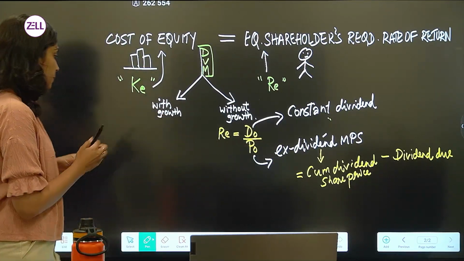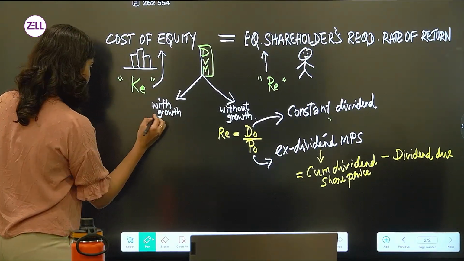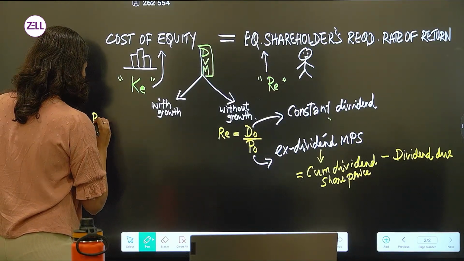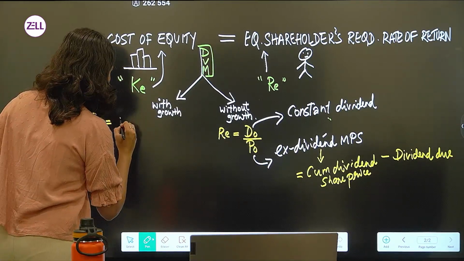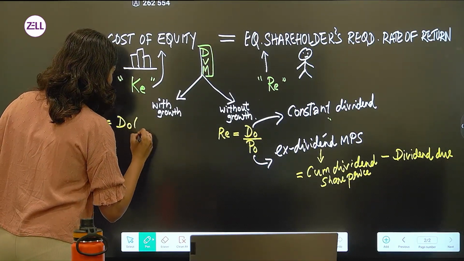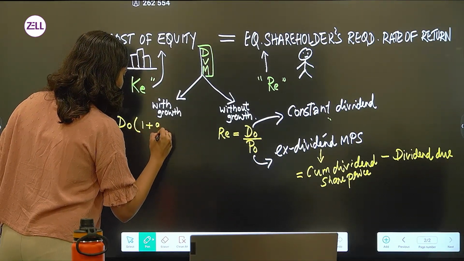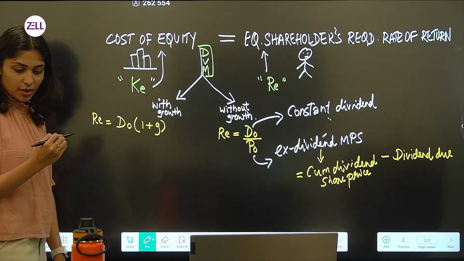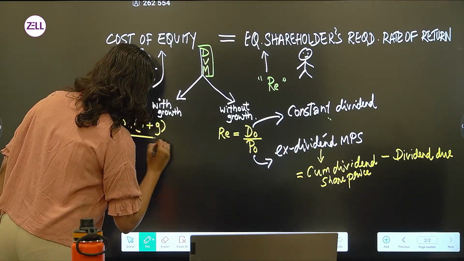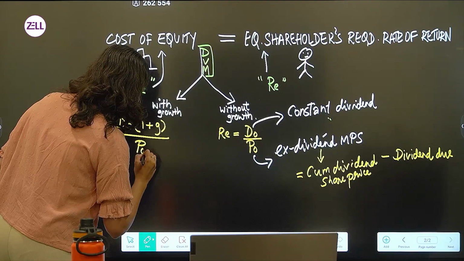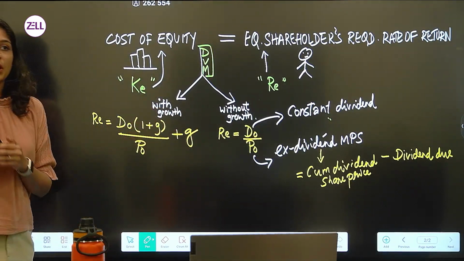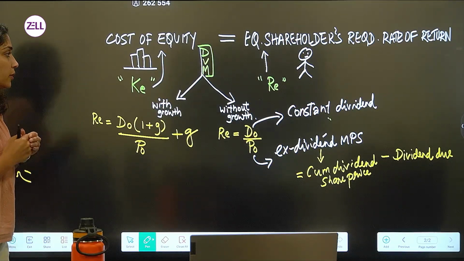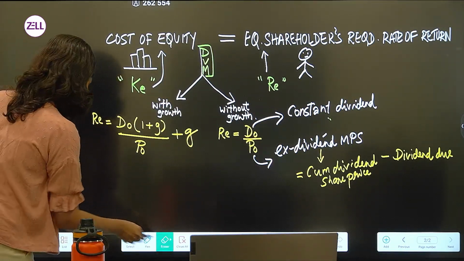It is RE is equal to D0 into 1 plus G divided by P0 plus G. Alright. So, over here, what's happening?